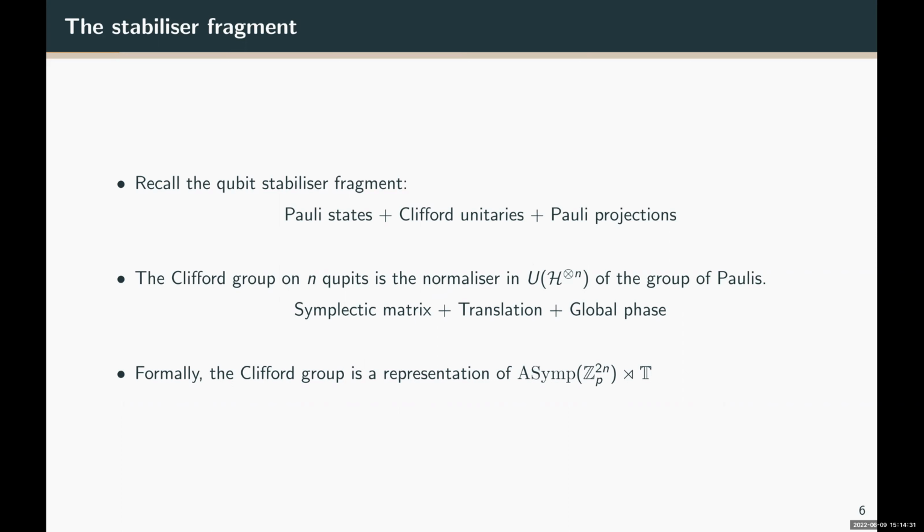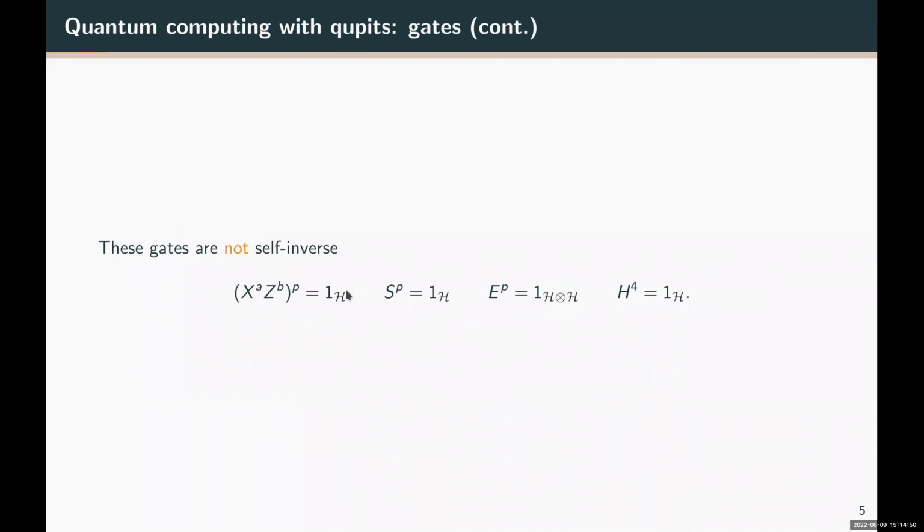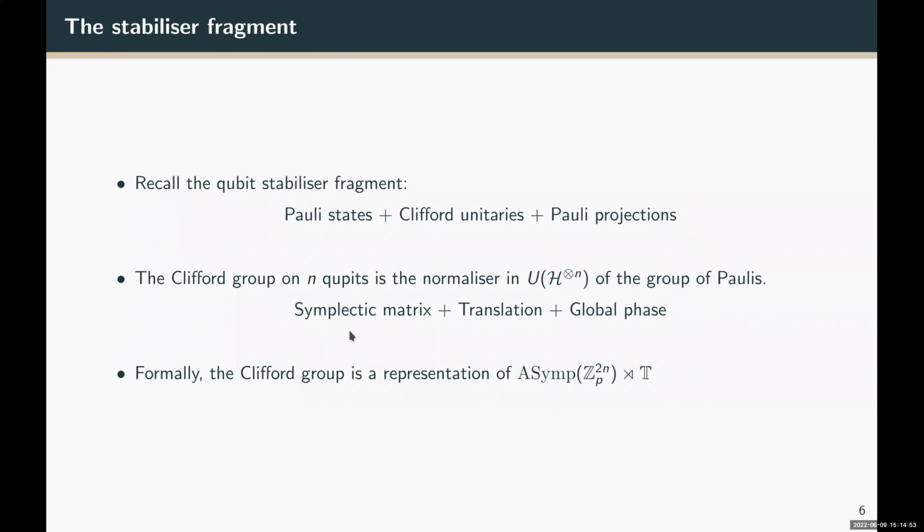And unlike the qubit case, you can give a particularly clean high-level presentation of this Clifford group in the following form. You can think of it as an affine transformation which acts on the labels of the Paulis, these pairs A and B, where you have a linear part, which is a symplectic matrix, an affine part, which corresponds to translation, i.e. just multiplying by a Pauli operator, which sums into the exponents.